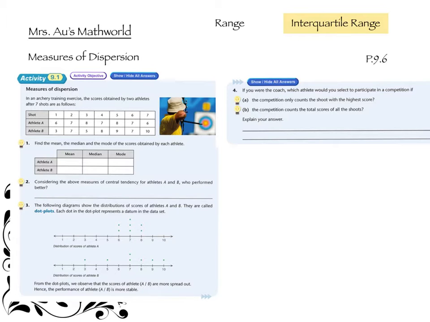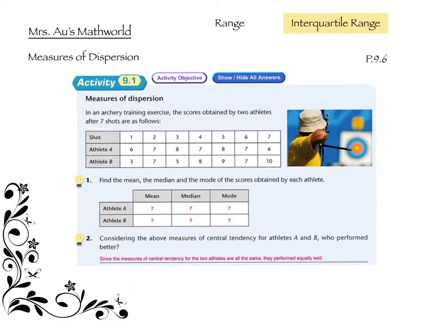Please spend a few minutes to complete this activity. You can find it on page 9.6. Let's check the answer. For the mean, median, and mode, we can see that all of them are 7. But look at the data.